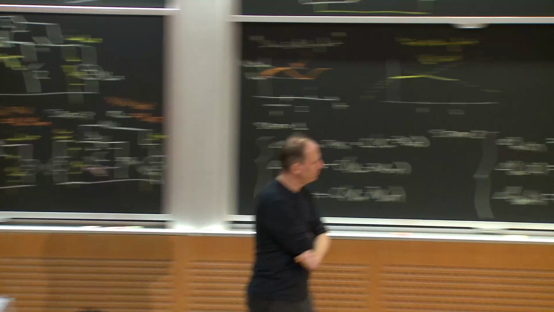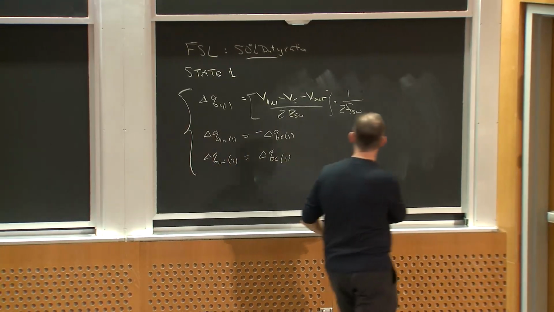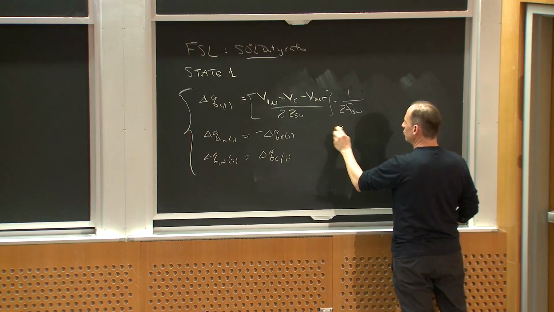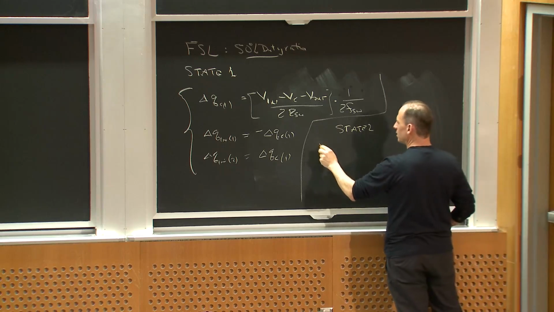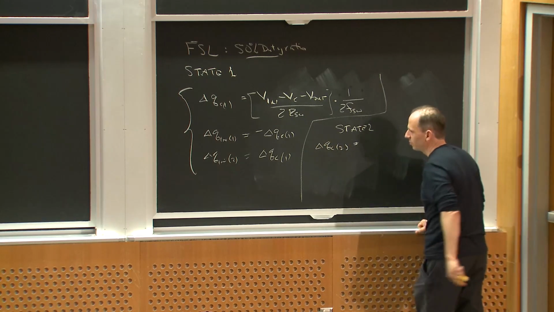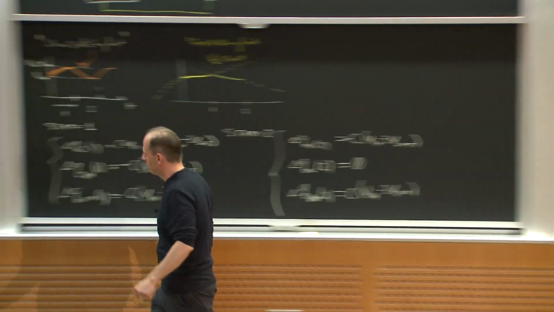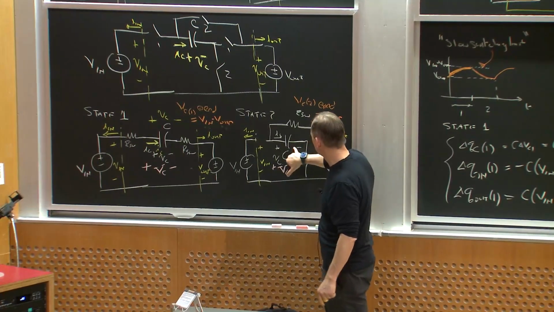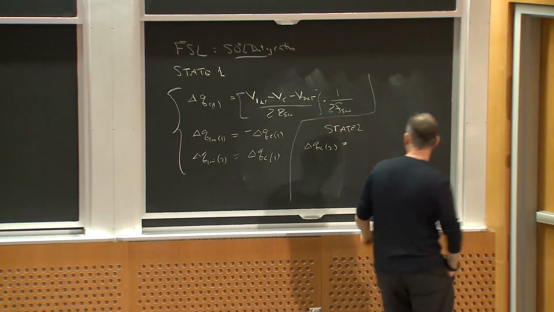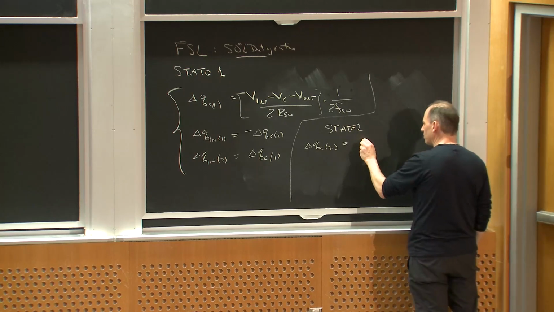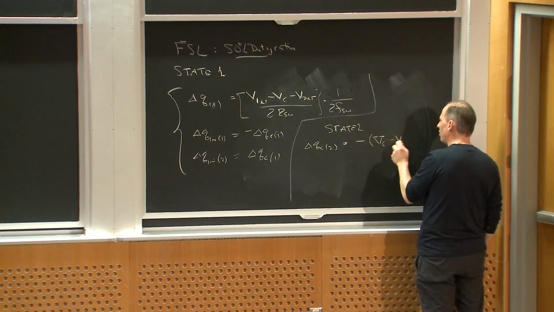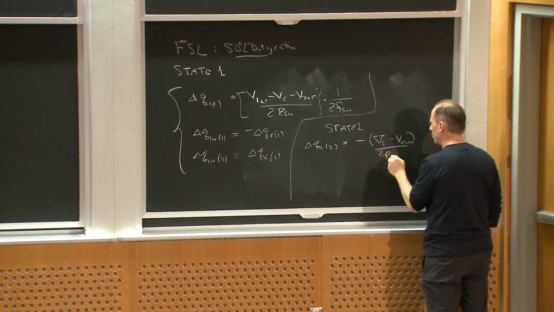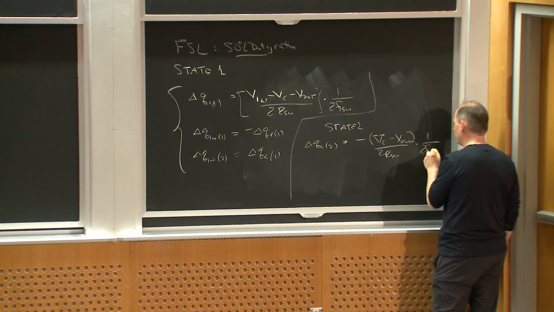If I do this for state 2, what I get is delta QC2 is simply going to be Vout minus VC over 2R switch, which is minus VC minus Vout over 2R switch, times 1 over 2F switch, right?